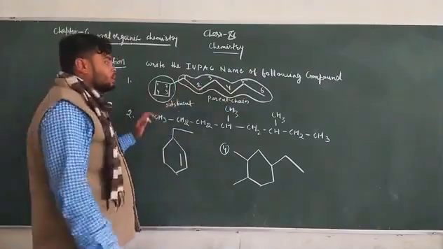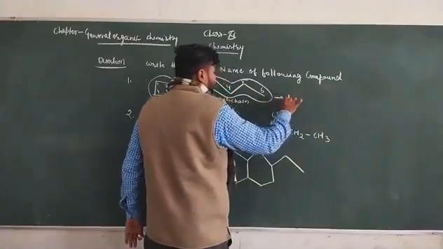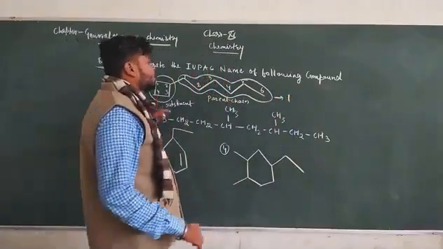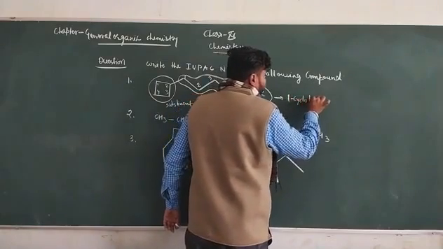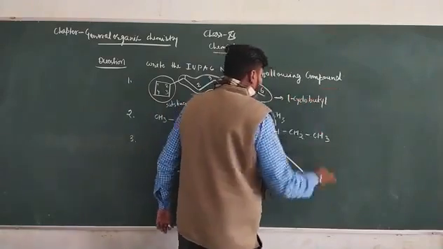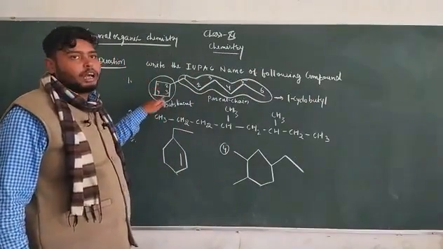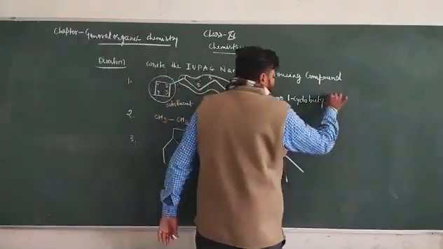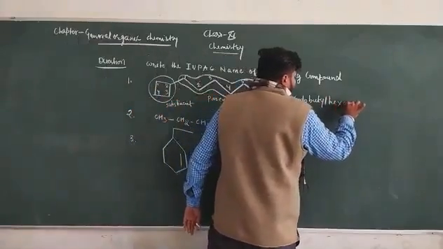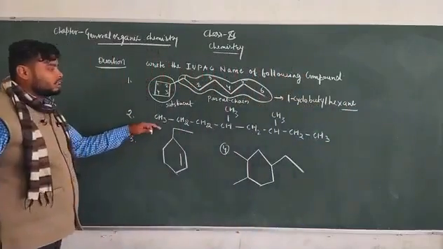For the naming of this, we have to write 1-cyclobutyl, because this is a chain of 4 carbons in cyclic form. 1-cyclobutylhexane is here.